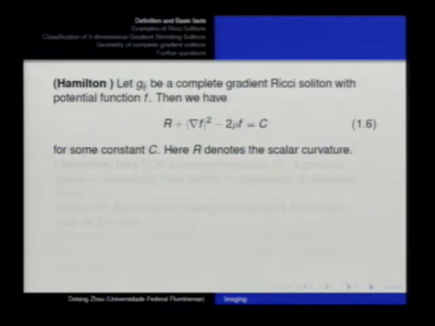So if you change f, C can be chosen to be 0. We usually call this the normalization of the potential function. Of course, you can choose another way, C different from 0. For example, you can choose the weighted volume to be 1, and then C may not be 0. But you can always choose C to be 0.